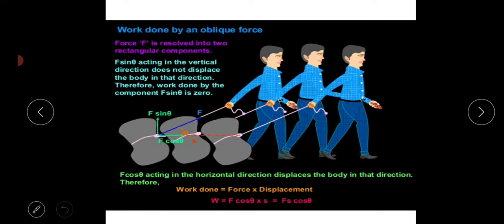But F cos theta, acting in the horizontal direction, displaces the body in that direction. Therefore, work done W is equal to F cos theta into S, right? Because work done is equal to force into displacement, and the force that is moving this object is F cos theta. So, W will be F S cos theta.